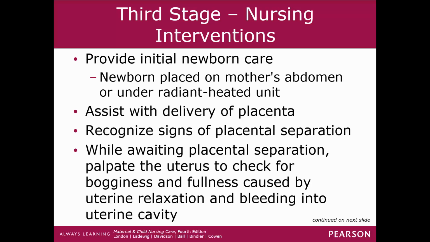So initially, the baby will go straight to the mom's chest for skin to skin. All the baby cares will be done right on mom's chest as long as baby is stable. However, if there is a problem with the baby, then the baby does need to go to the warmer and taken care of.